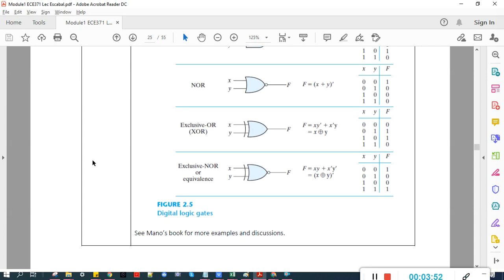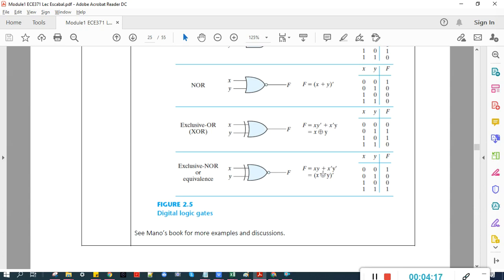Exclusive NOR. This is the complement of the exclusive OR. The symbol is the same but with a bubble at the output. Just the complement of the exclusive OR. And this is what we call the equivalence that we have discussed previously. Instead of the exclusive OR, we have the equivalence.